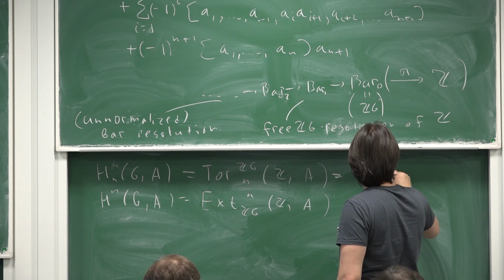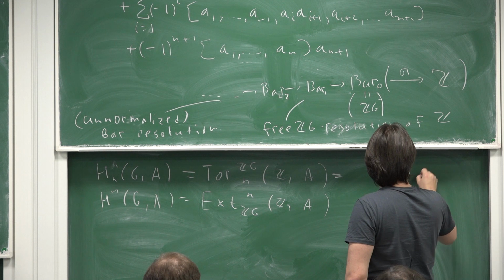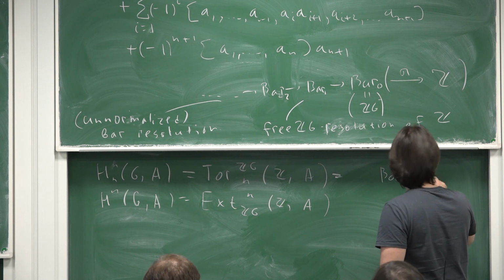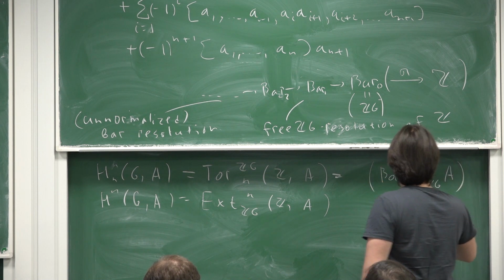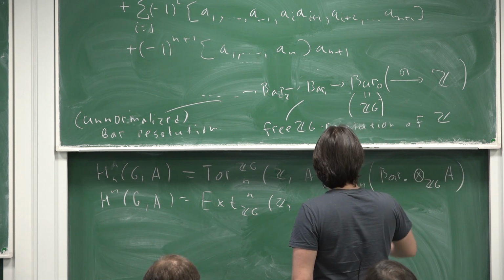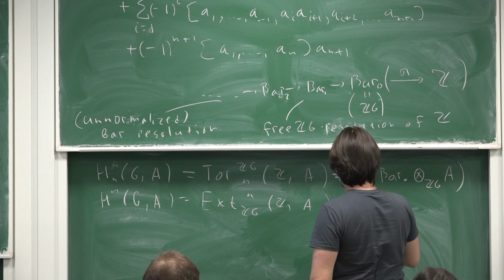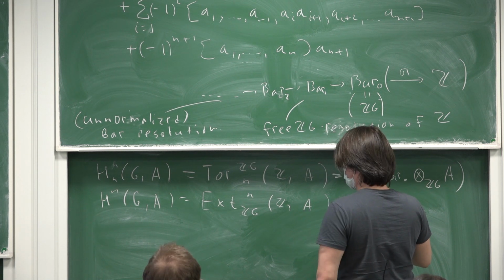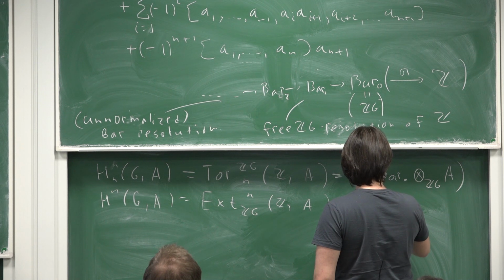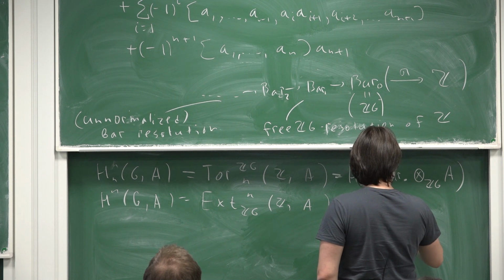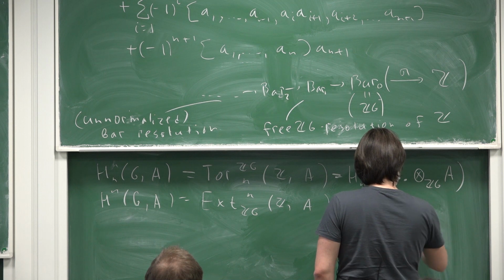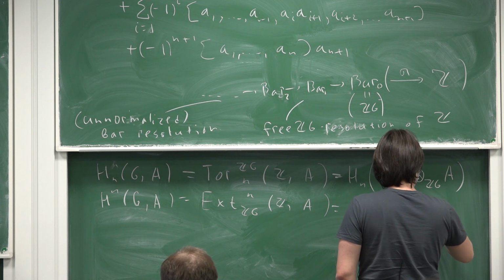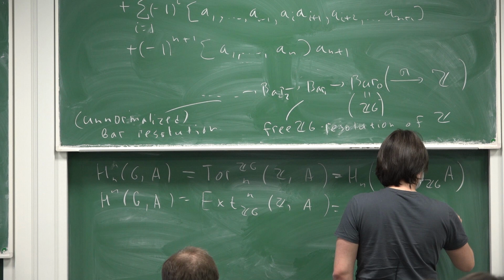So it is bar dot tensor over ZG A, and then take the nth homology, or here we apply the Hom functor. It is Hom over ZG from bar dot to A.